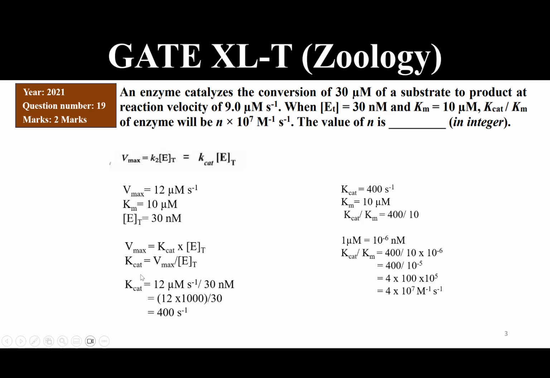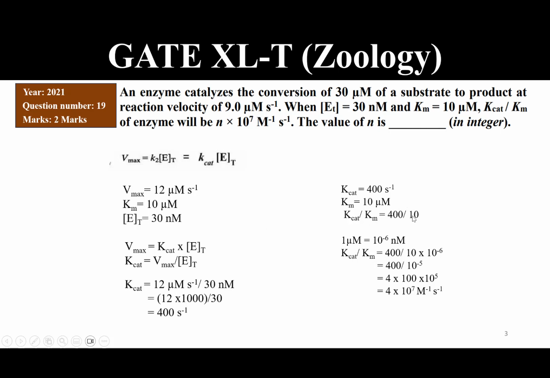And we did this because our values here were in nanomoles. Here if you see the Kcat value, where we were trying to find it by Vmax divided by ET, our ET was in nanomole and our Vmax that we found from the previous slide was in micromole. So we had converted this micromole into nanomole here. So we were working with nanomole as a concentration unit.